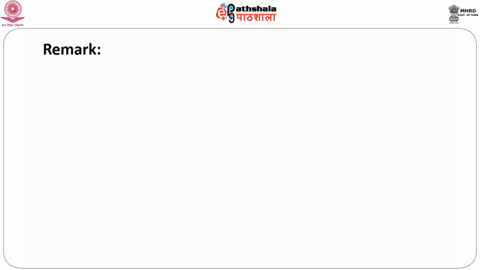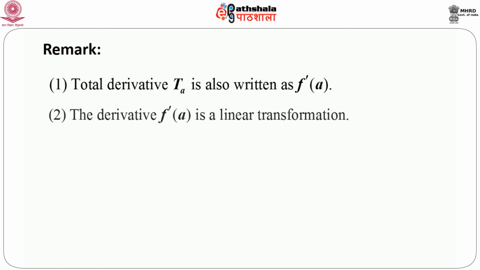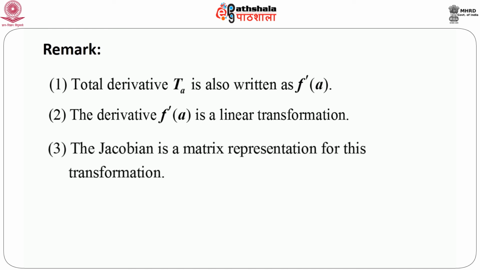A few remarks. The total derivative Ta can also be written as f prime a, just a notation. It is clear that the derivative f prime a, which is nothing but Ta, is a linear transformation, because Ta can be written as Df(a) into y using matrix multiplication. The Jacobian is a matrix representation of this transformation which we have just defined.